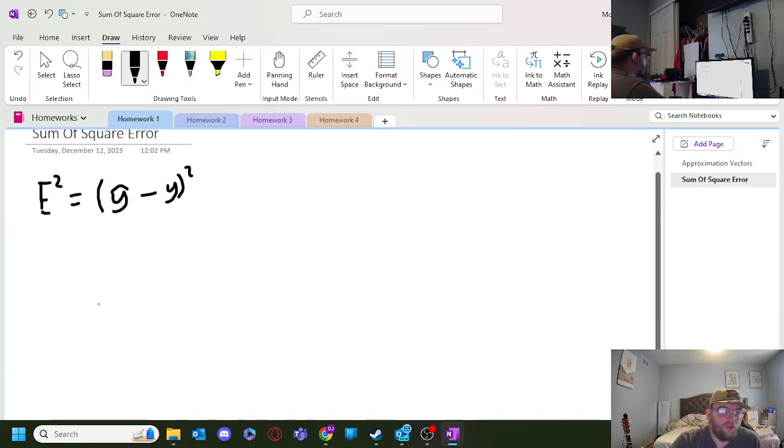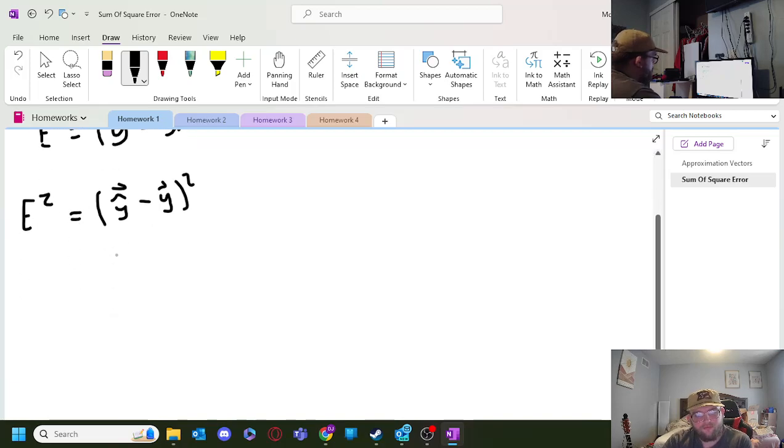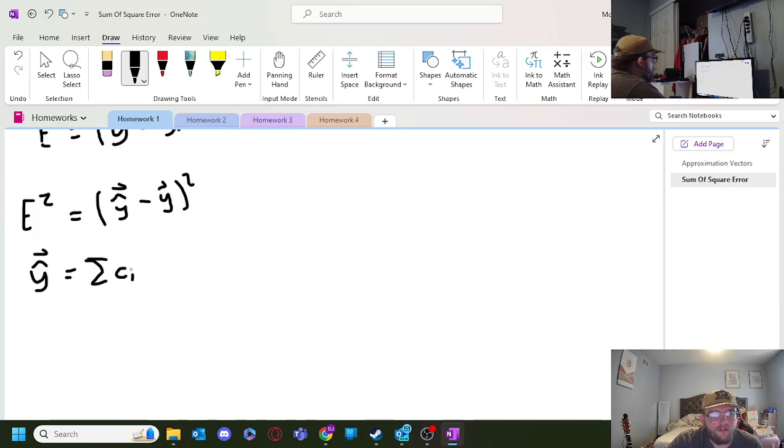So the sum square error still returns a scalar value, but in our actual meat and bones, now it becomes a sort of dot product, where our model is once again relating back to our basis vectors.